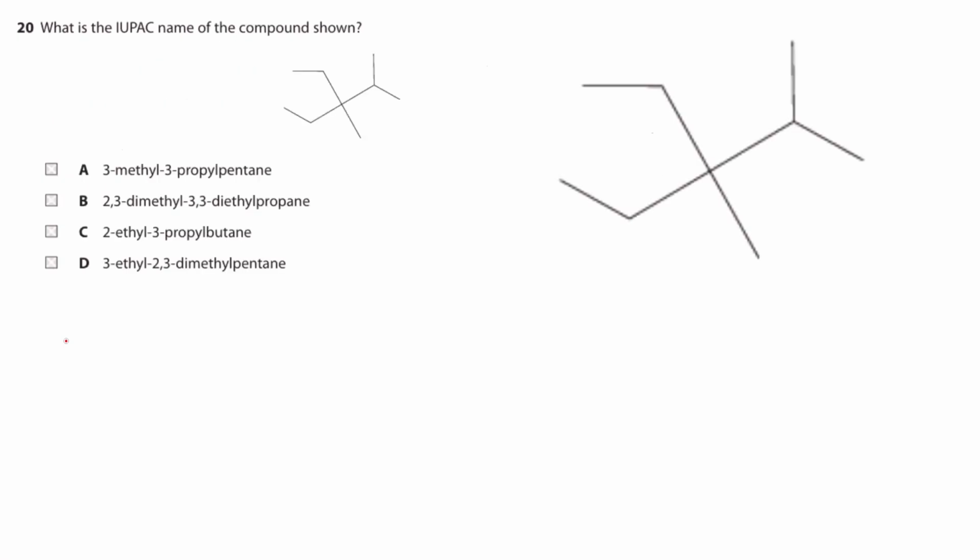Let's go for question number 20. What is the IUPAC name of the compound shown? When you are naming a compound, we can see this is an alkane. So first, pick the longest carbon chain. As far as I can see, this is the longest carbon chain.